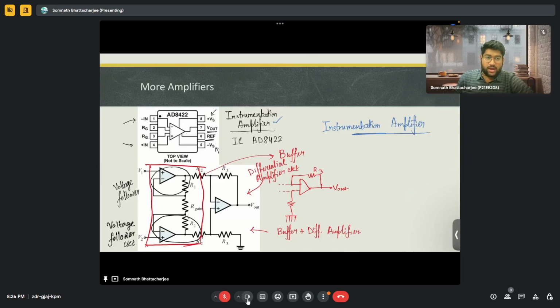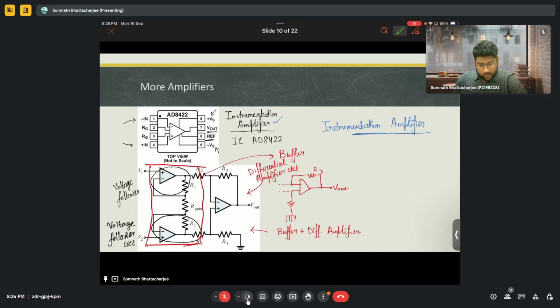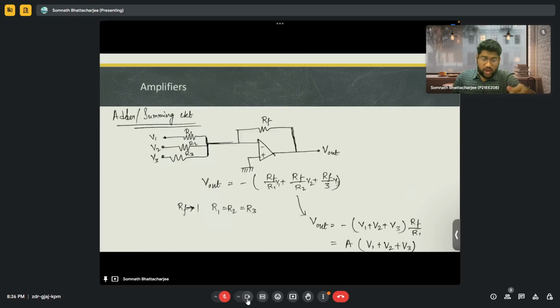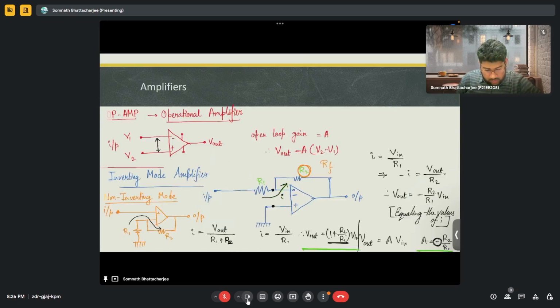As there is no resistance in the front part, what can we do here? Through this equation, we can directly write for the buffer.